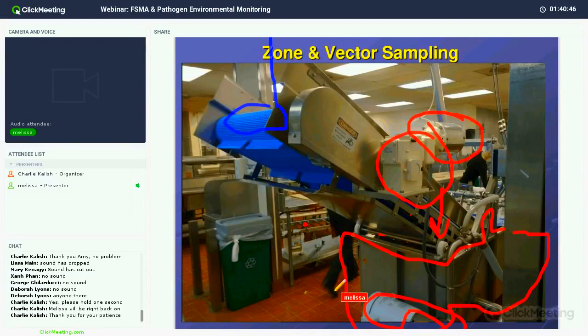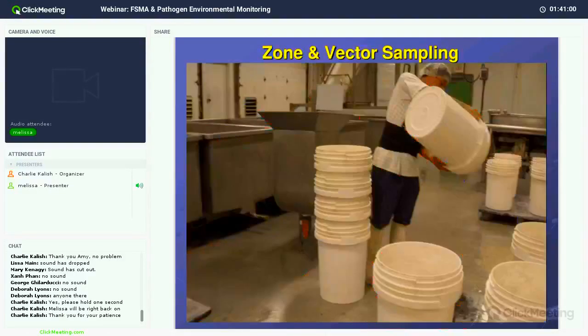So I think, again, we would come back here and look at zone 3 would be the floors and floor drains. Wherever they occur, they might be walls, they might be other surfaces inside the room here. If we look at this and try to pick off zone 1 surfaces in this room, well, his hands are a zone 1.